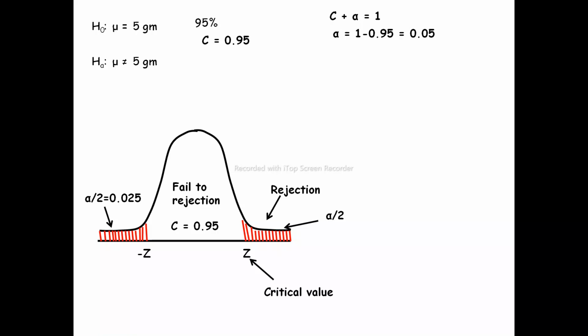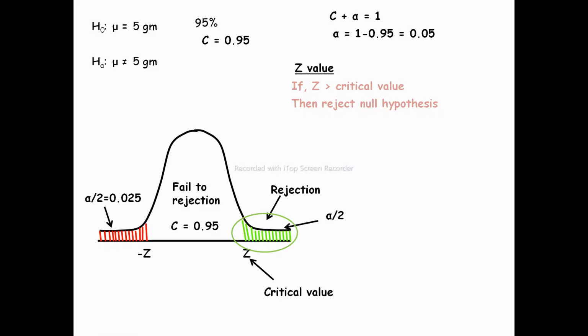Now, in order to determine whether you should reject or not reject the null hypothesis, you need to calculate the Z value and compare it with the critical value. If the Z value is greater than the critical value, then you need to reject the null hypothesis, because it will come under the rejection region.